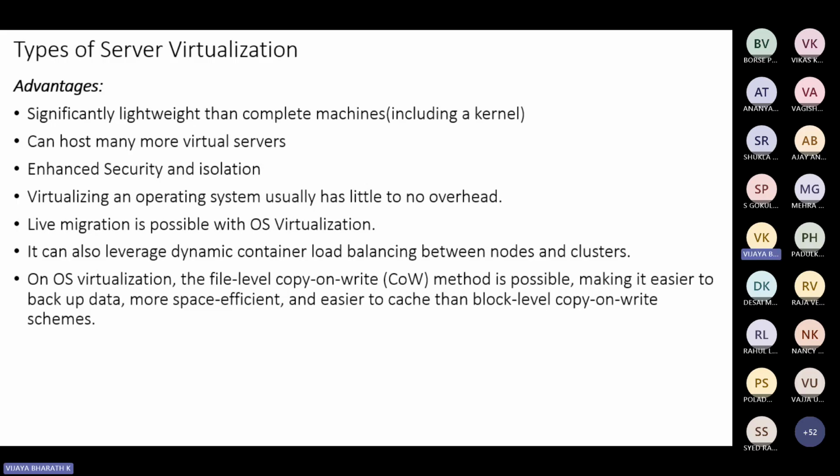On OS virtualization, you can use a method called file level copy on write, which helps us take backups in an easier and more efficient way. Space efficiency can be managed. You will usually have block level copy on write schemes; here you have file level as well.